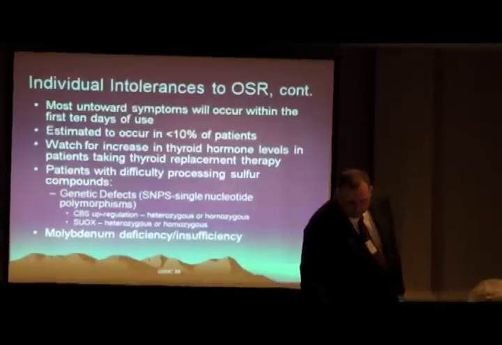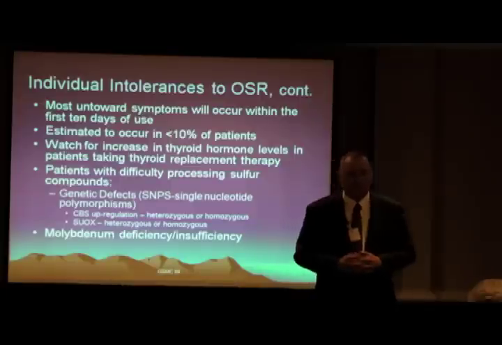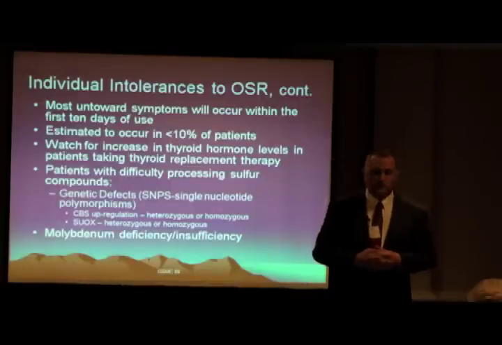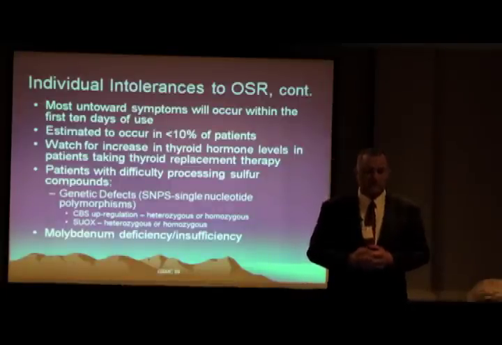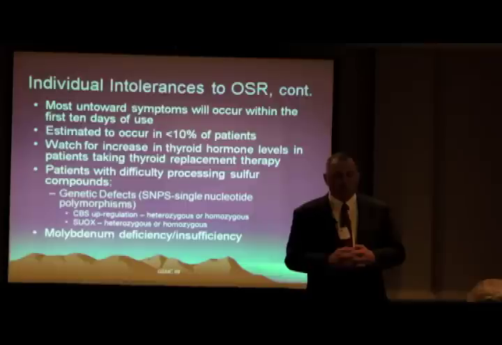Do you ramp up to develop more tolerance? I'll get to that. Individual intolerances: most untoward symptoms will occur within the first 10 days of use. It's estimated to occur in less than 10% of patients, and I'm quite clear it's quite a bit less than 10%. But do watch for an increase in thyroid hormone levels in patients taking thyroid replacement therapy.